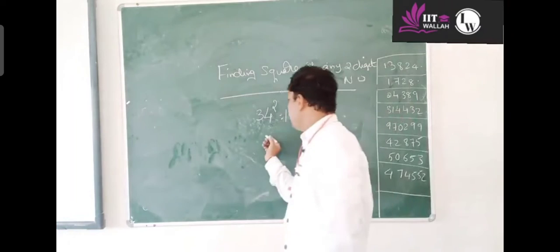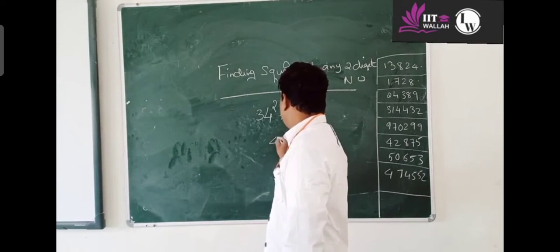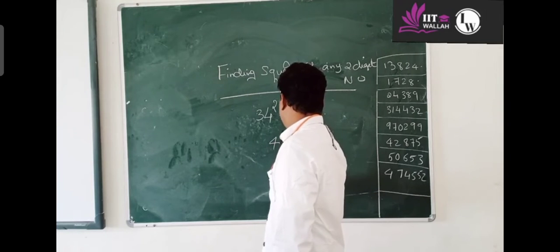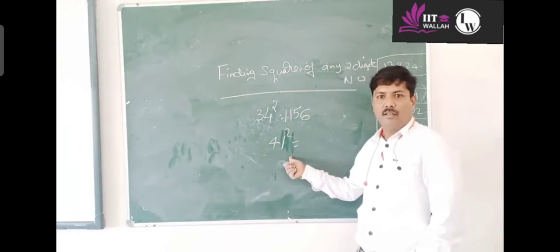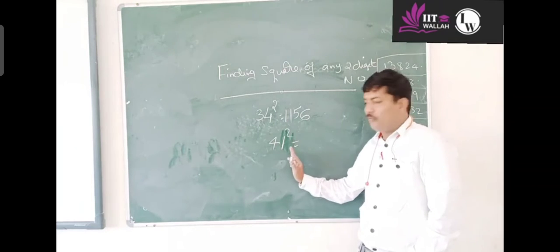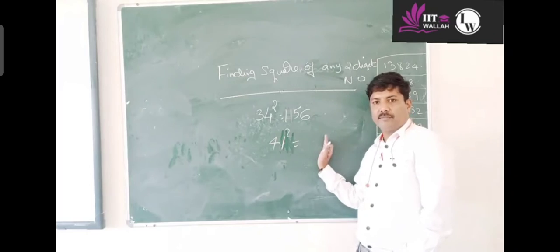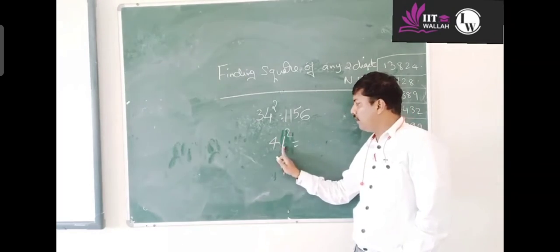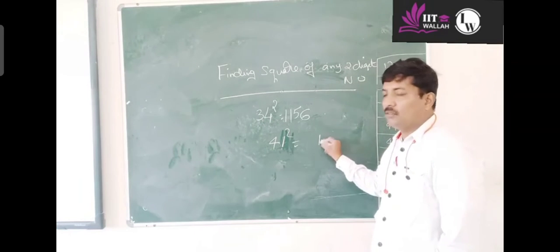Understood? And I need 41 square. First, we are going to observe this 41 from the right end. So 1 square is 1. First step, what is the first step?